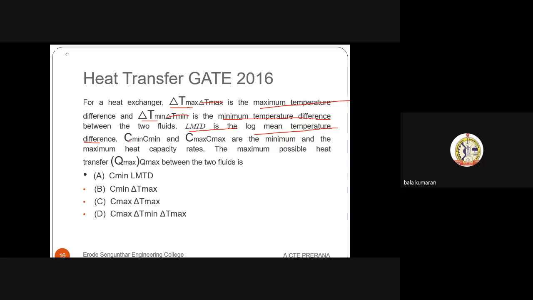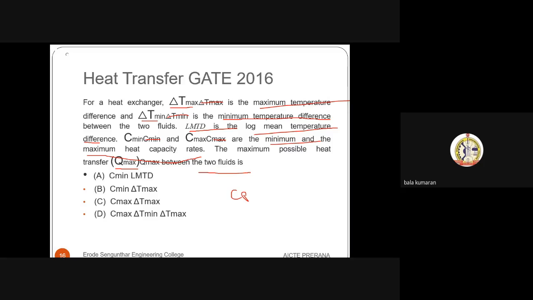C minimum and C maximum are the minimum and maximum heat capacity rates. CP is the specific heat. The maximum possible heat transfer is Q max. They ask you to find the Q max between the two fluids.